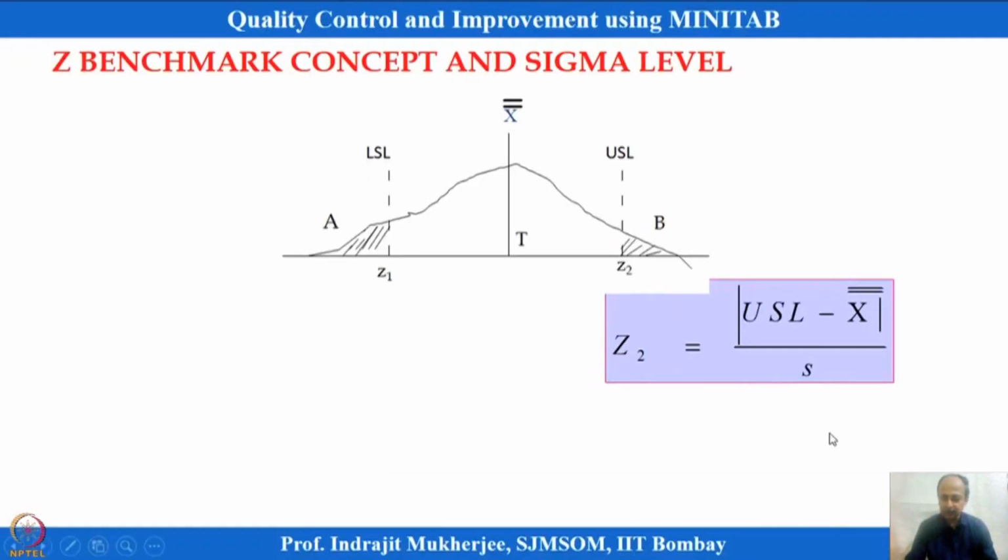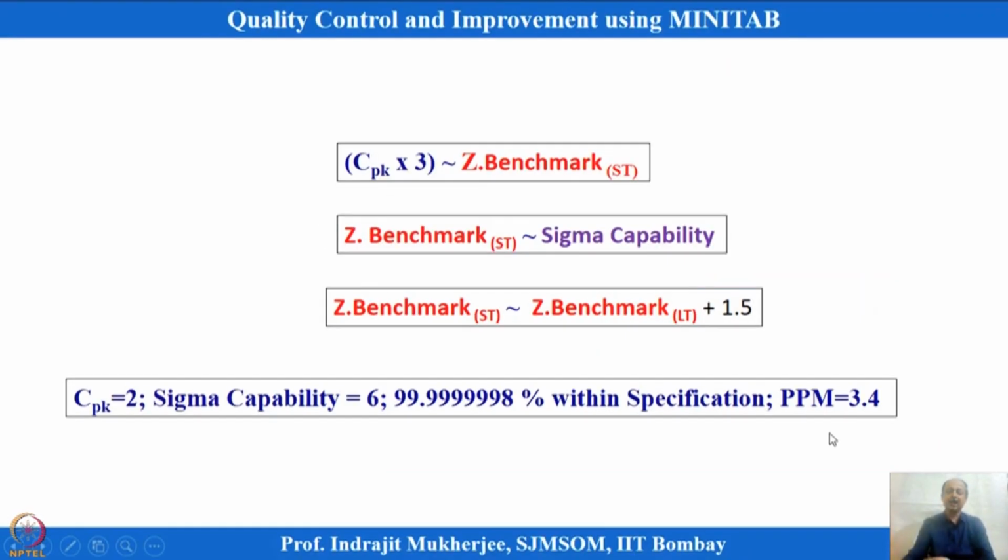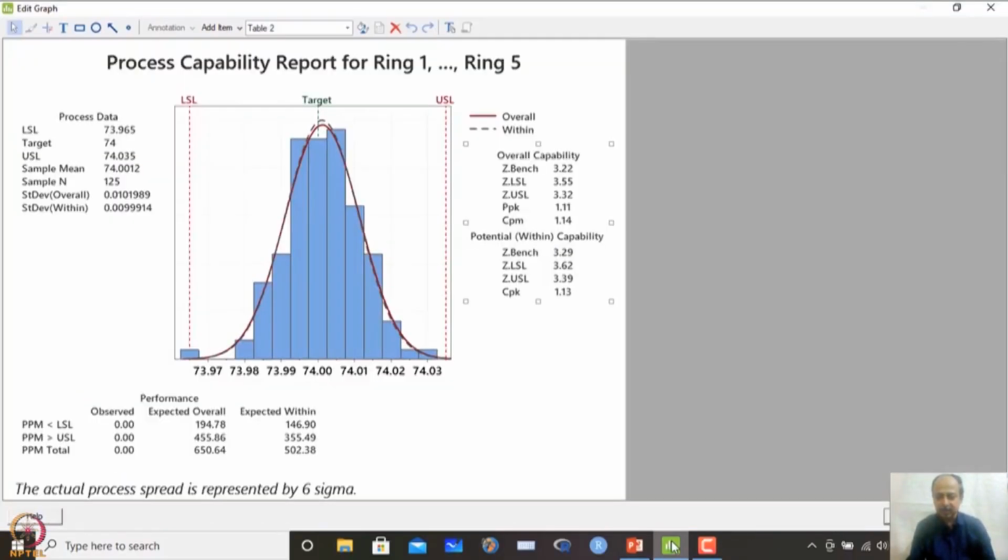What we can see is that CPK multiplied by 3 will give you Z benchmark. So, you can just cross check. Whatever outputs we have got for CPK, multiply it by 3, more or less you will get near to these values. That is only an approximation I am saying.